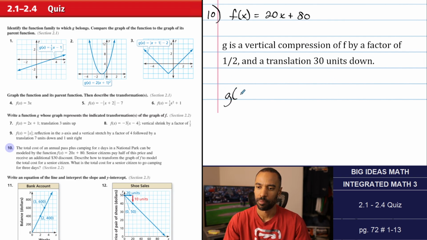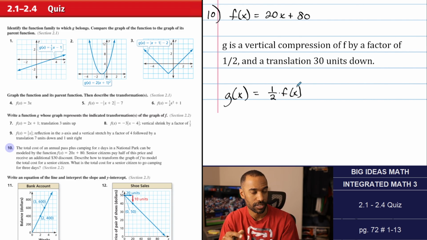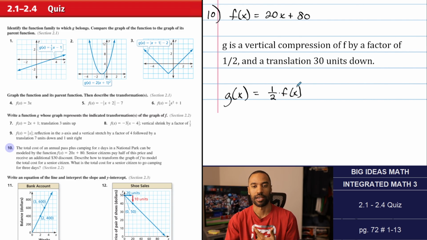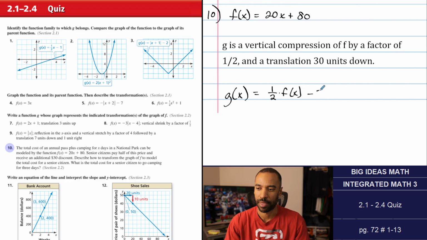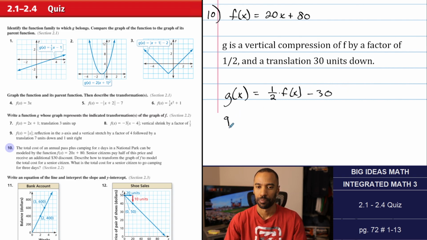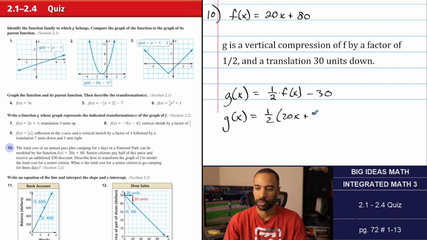So g of x is going to be this. Take a look. We're going to be taking half of f of x, the entire thing, right? This is affecting our y's. This is affecting our cost. Not the days, but the cost. And we're taking 30 away from that whole thing. So when we do that f of x bit, we're doing 1/2 of 20x plus 80, and then subtracting 30 from that.